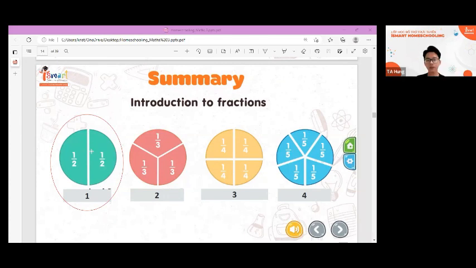Nguyễn Minh Anh, Lưu Quang Đức, what fraction is this? Trần Đình Tuyển.